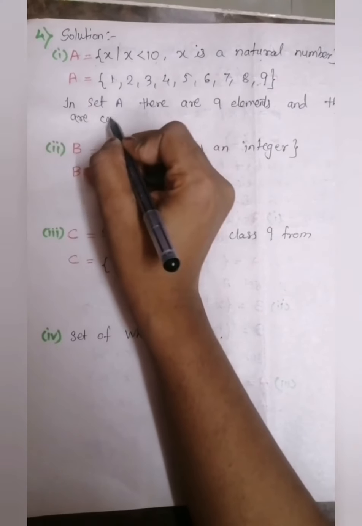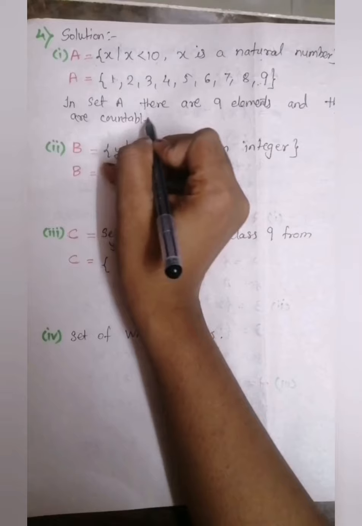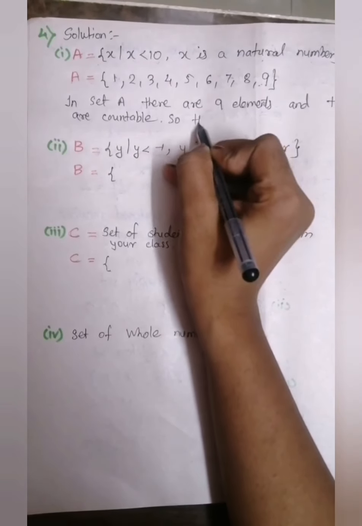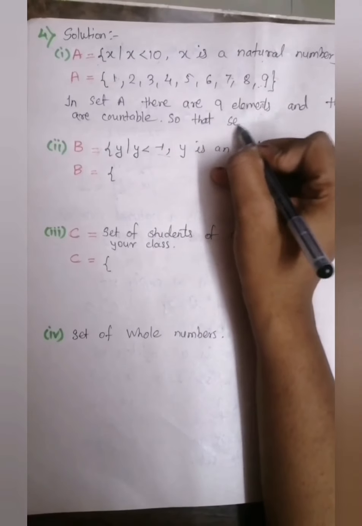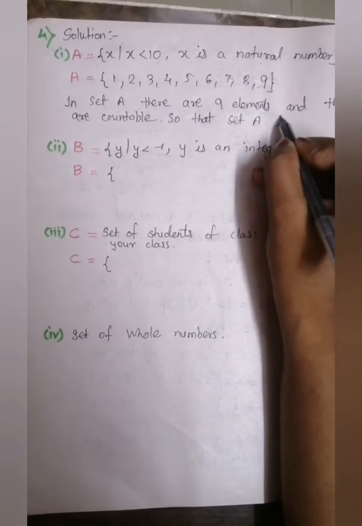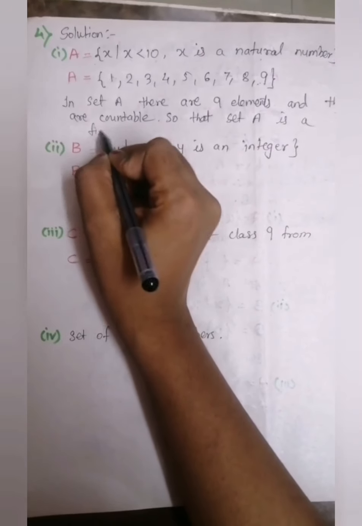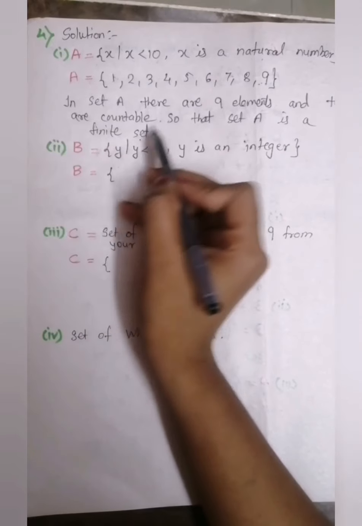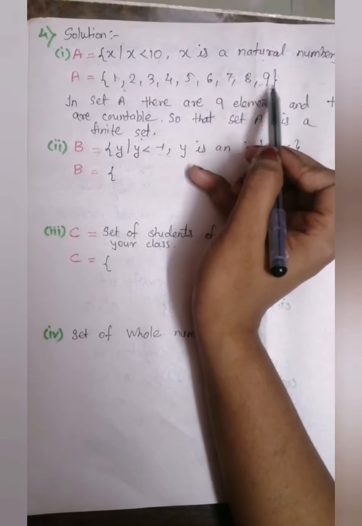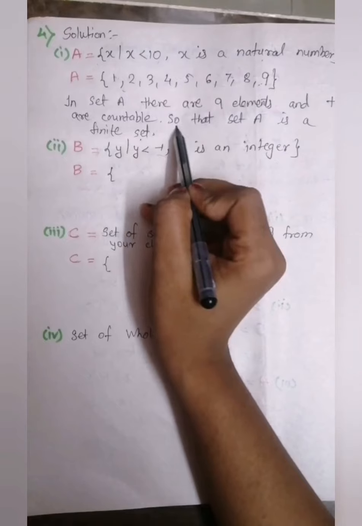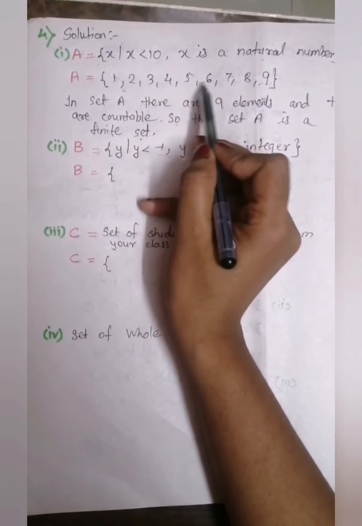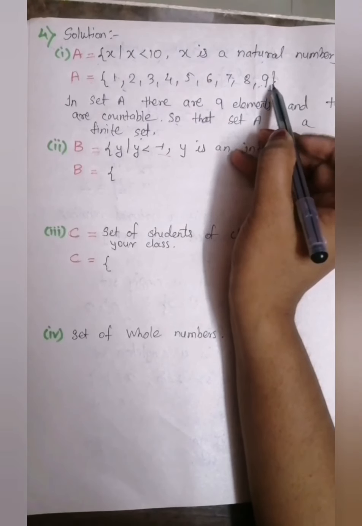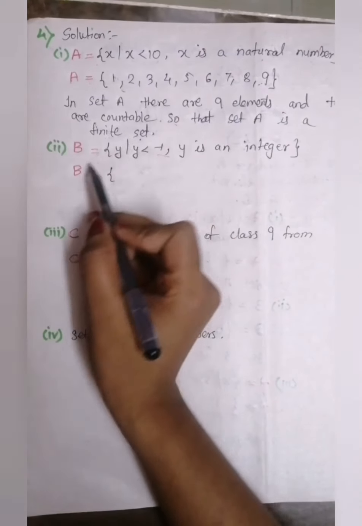We can count them, so that's why we can write they are countable, so that set A is a finite set. Always remember that in a finite set we can count the numbers up to the last. It's countable: 1, 2, 3, 4, 5, 6, 7, 8, 9. There are no dotted points, right? So that's why it is a finite set.